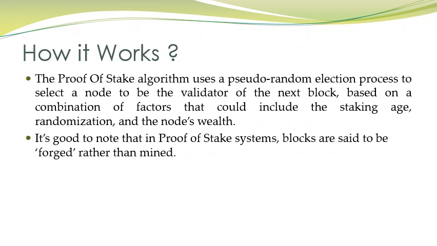So how does this proof of stake algorithm work? The proof of stake algorithm uses a pseudo random election process to select a node to be the validator of the next block. In the previous slide we studied that validators will create and propose a block, and other validators will attest the block.